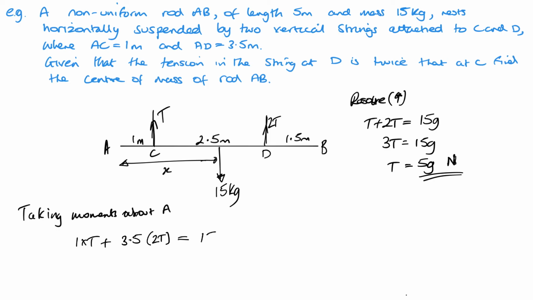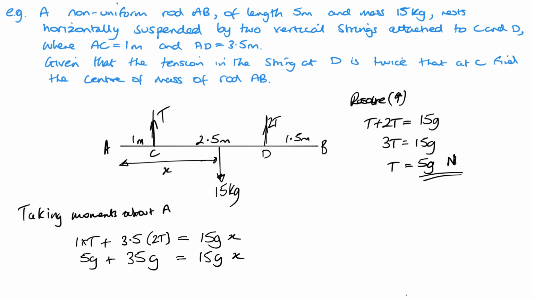And then we've got 15g times x. Now we know t already is 5g, so this is 5g plus, and 2t is 10g, so 10 times 3.5, so this is going to be 35g equals 15g times x.